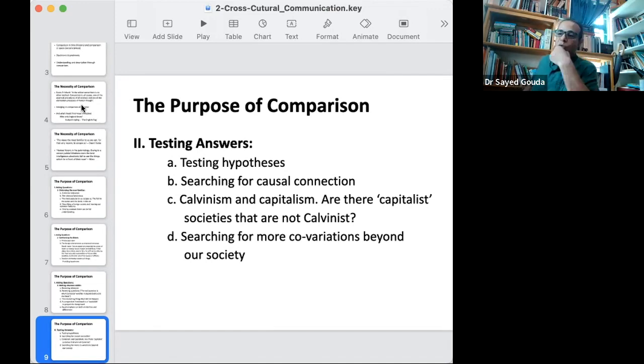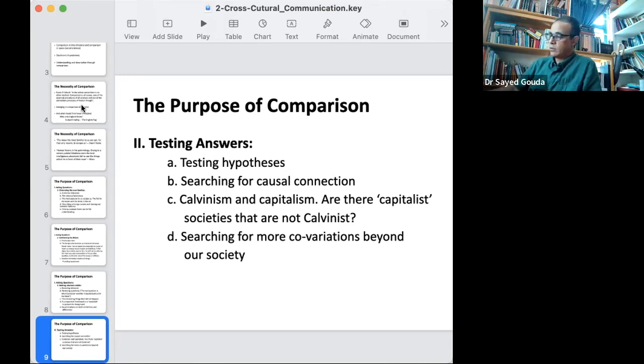So, for example, Max Weber said that Calvinism is the root of our modern capitalism, and also suggested asking questions like, are there capitalist societies that are not Calvinist?